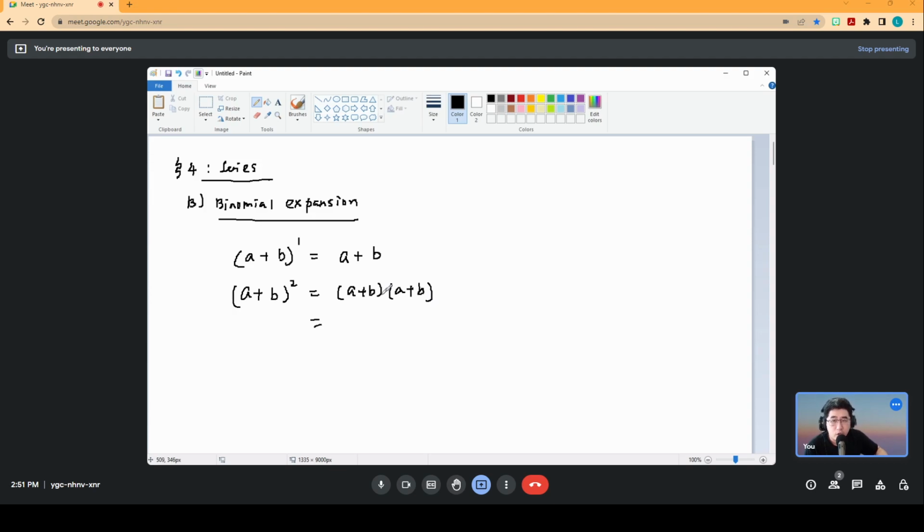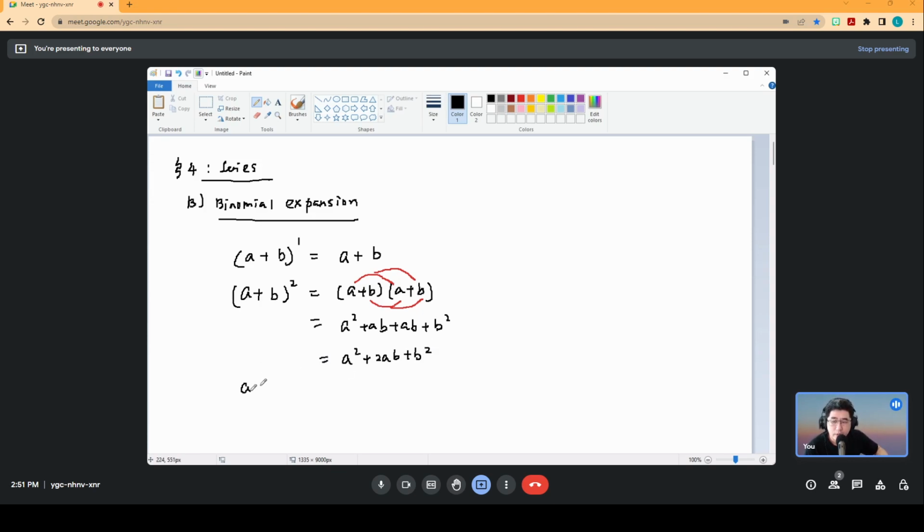So I open the bracket one by one: a times a is a squared, a times b, a times b, and b squared. So in the end, I have a squared + 2ab + b squared.